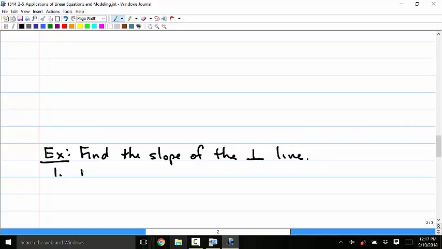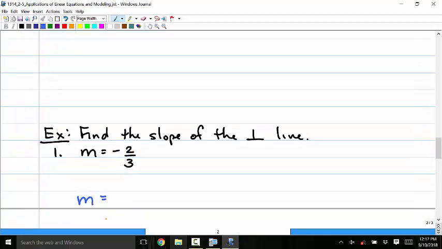If I tell you that the slope of one line is, say, -2/3, what's the slope of the perpendicular line going to be? +3/2. Make sense?